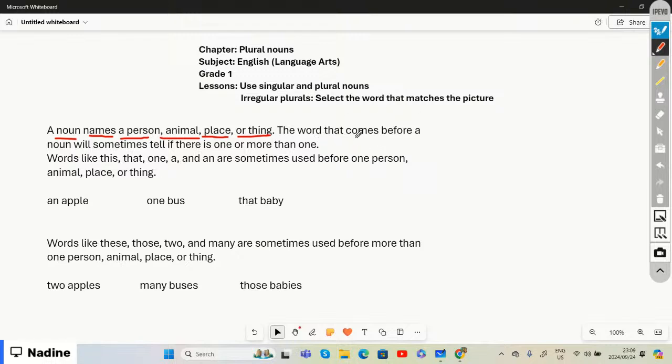The word that comes before a noun will sometimes tell you if there is either one or more than one.